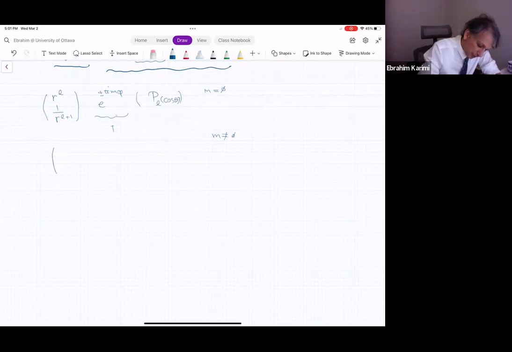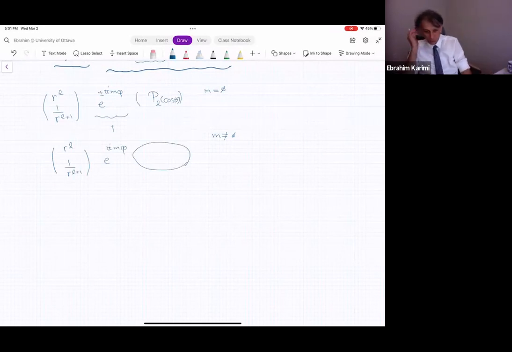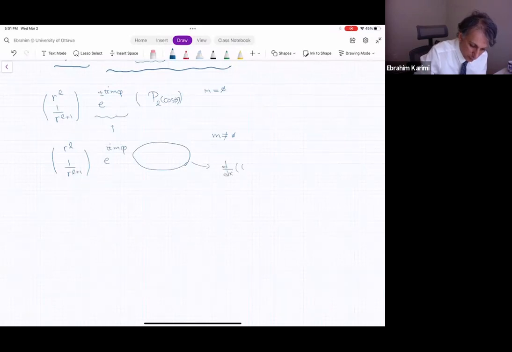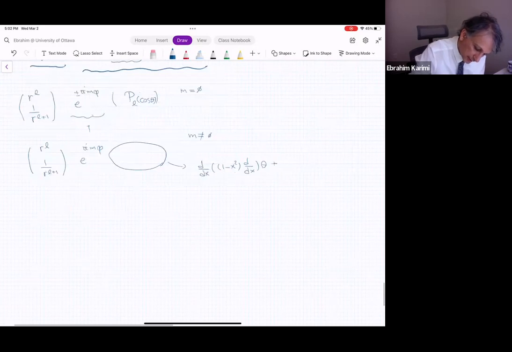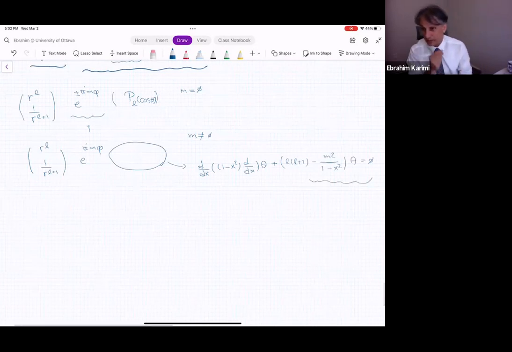The radial part again is r to the power of L, the other one is r to the power of L plus 1, and we have e to the power of i m phi, but we have to find a solution for theta, which was the differential equation that we had: d/dx of (1 minus x squared) d/dx of theta, plus [L times (L plus 1) minus m squared divided by (1 minus x squared)] theta equal to 0. Remember, that was the differential equation that we had.